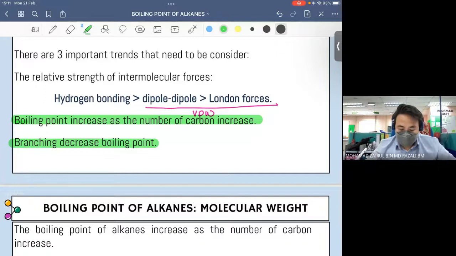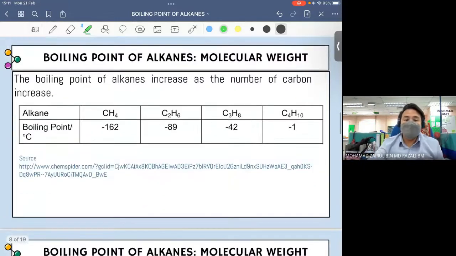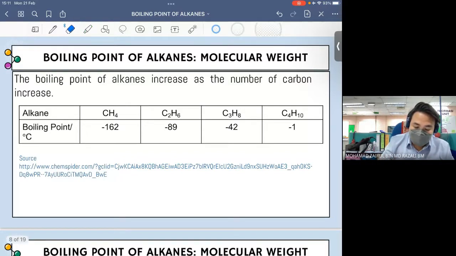Okay, so now in terms of the molecular weight, macam saya cakap tadi, as the number of carbon increases, the boiling point also tends to increase. Kalau awak tengok sini, the boiling point for methane is minus 162 degrees.